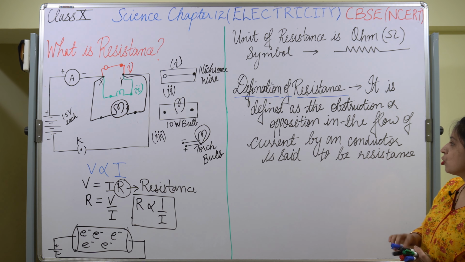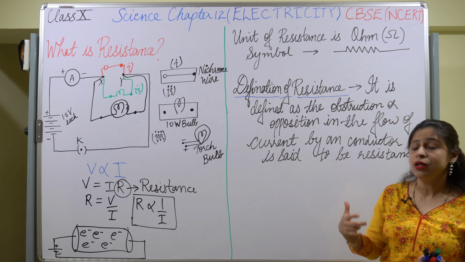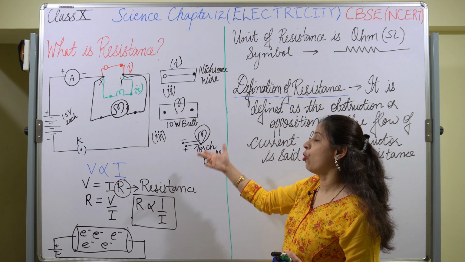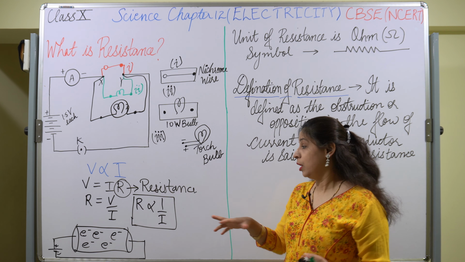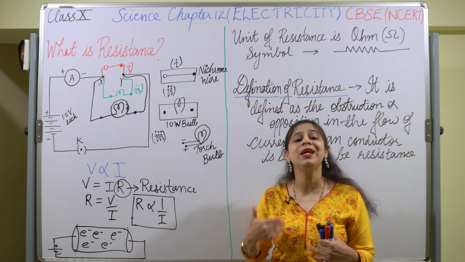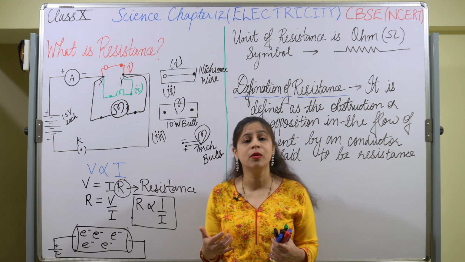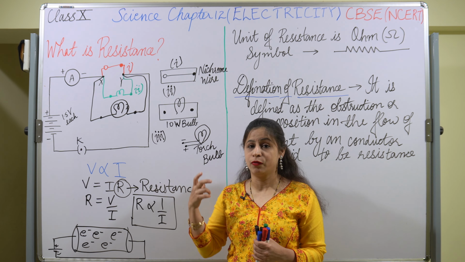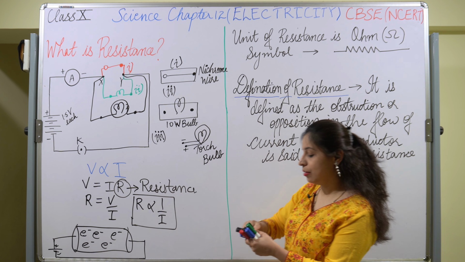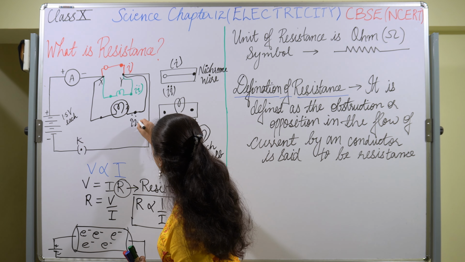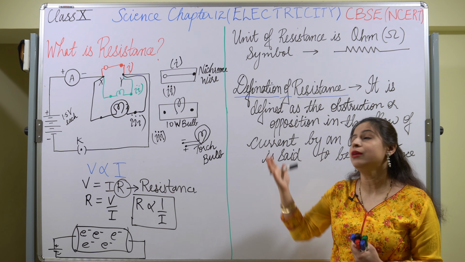So we have seen what resistance is and how it is defined. Naturally the resistance value for all the three elements is different. If the obstruction is more, then the current flowing will be less and the current reading will be less. If the obstruction is less, the current flowing will be more and the current reading will be more. That's why when the three elements were placed over here, the ammeter showed different readings for different elements.